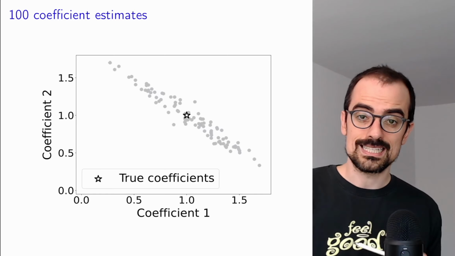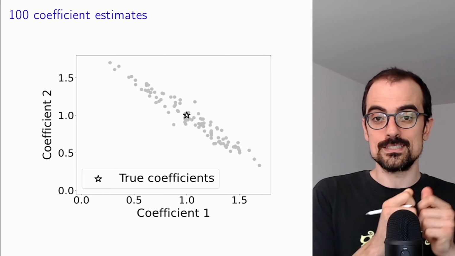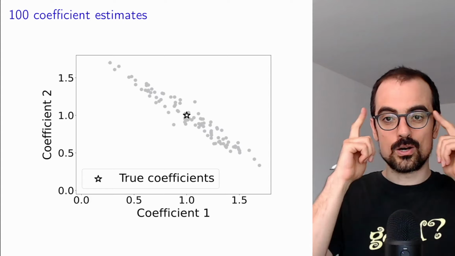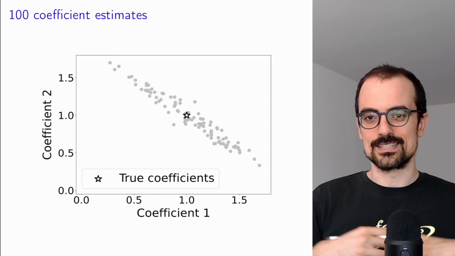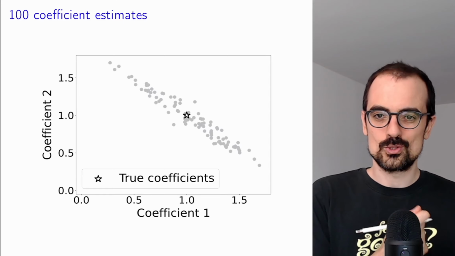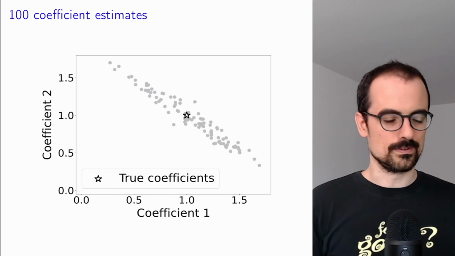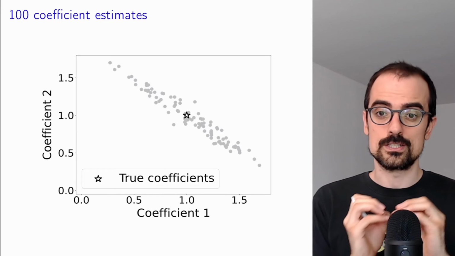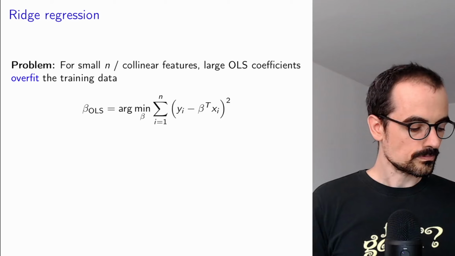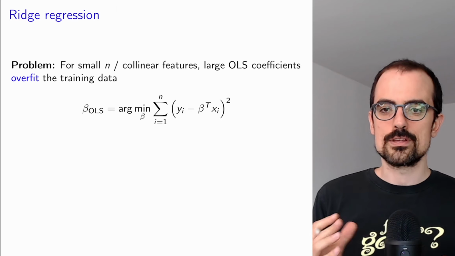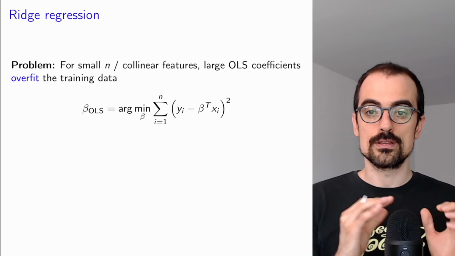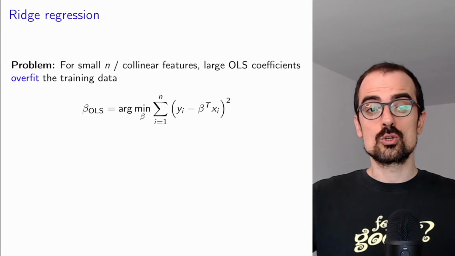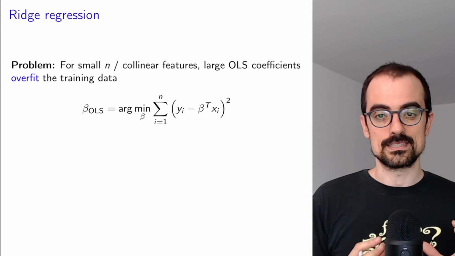Why? Because this allows the coefficients to overfit the noise term that is not related to the features. And of course, we don't want that because this is just random noise that does not truly capture the relationship between the features and the response. So we have that problem. If there's a small number of training data or the features are collinear, then OLS produces large coefficients that overfit the training data.